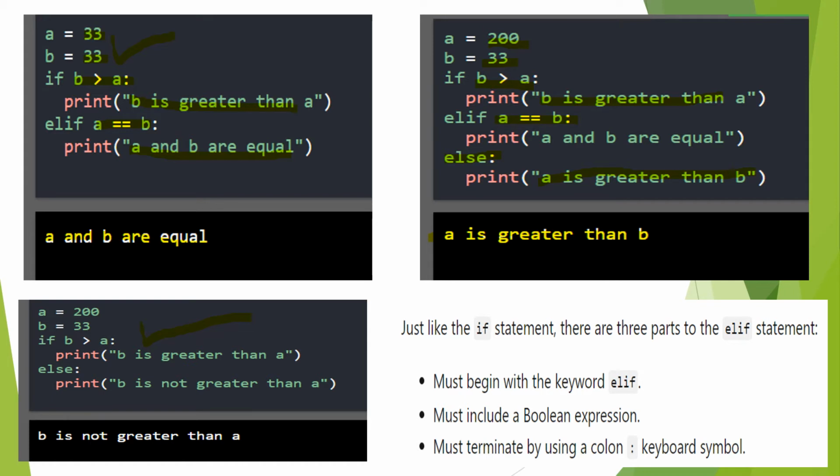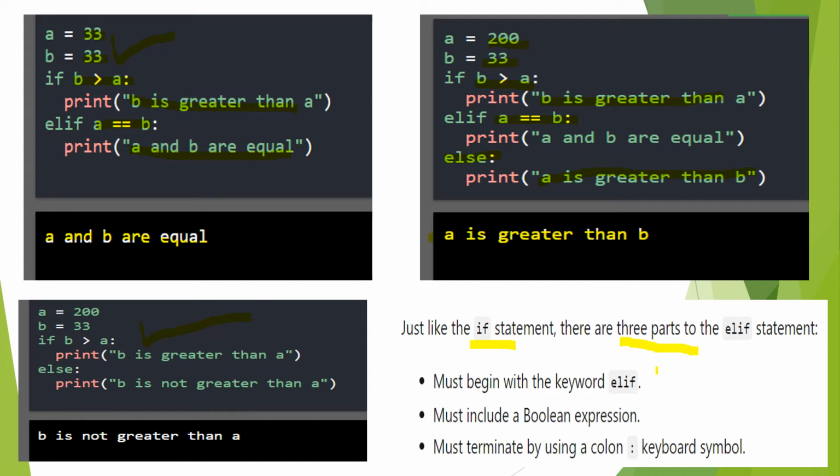You can use as many elif statements as you need actually. If you use an else statement, it must come after all elif statements. So the elif comes first and then followed by the else. And remember that just like the if statement, there are three parts to the elif statement.